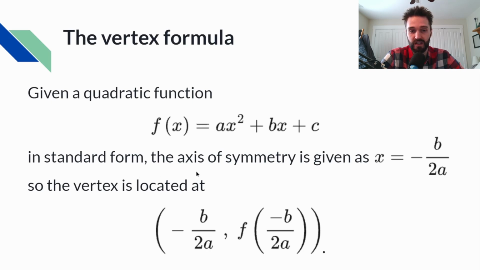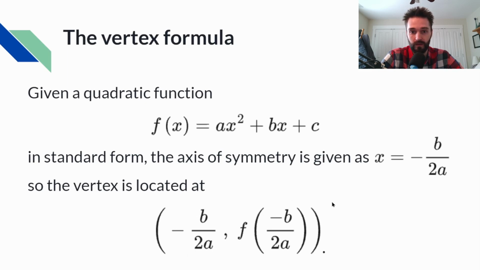So the vertex is located at minus b over 2a, comma, f of minus b over 2a. All right? So because the axis of symmetry passes through the vertex, that means that we know what the x value of the vertex is. Okay? It's minus b over 2a. And then to find the y value, we just plug that number into the function.